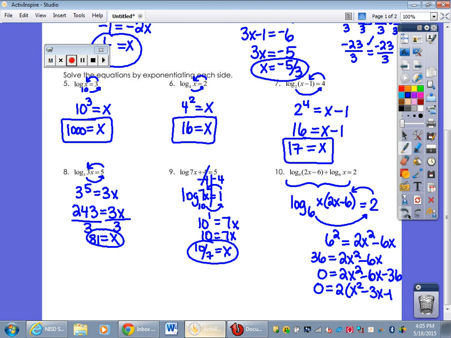Ooh, that's 18. So I'm going to factor out the 2. So now I want to find two factors of negative 18 that add up to negative 3. So that's going to be a minus 6 and a plus 3, which means that my two answers are going to be positive 6 and negative 3.